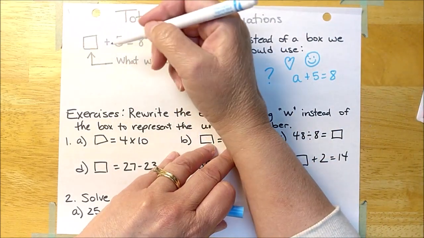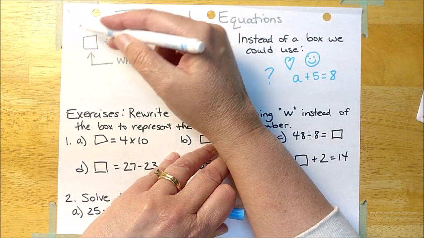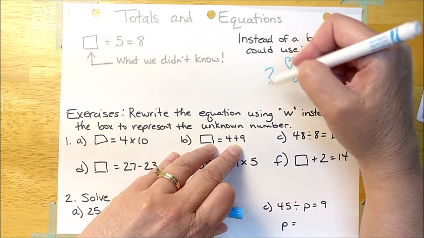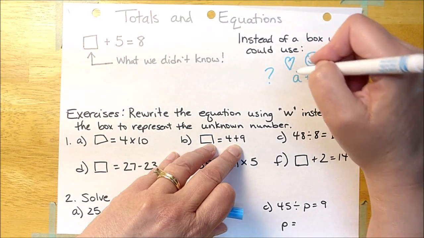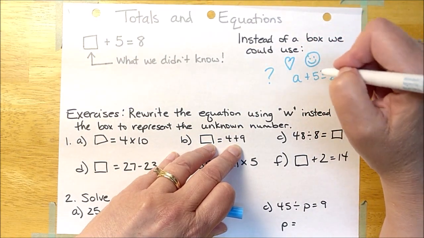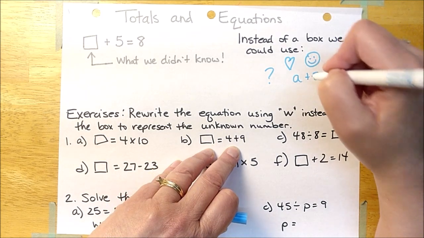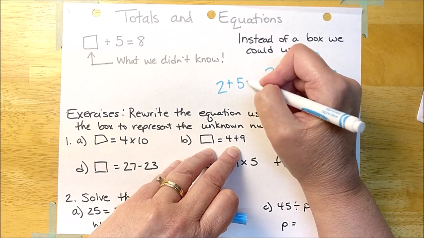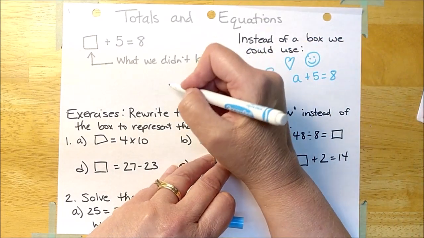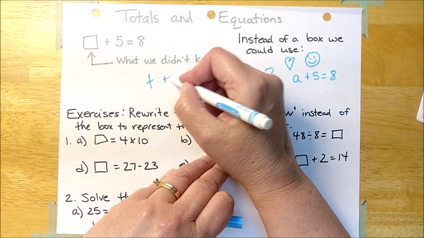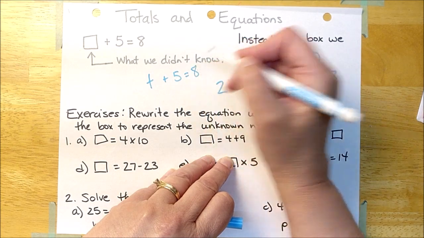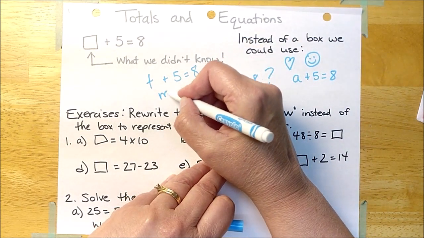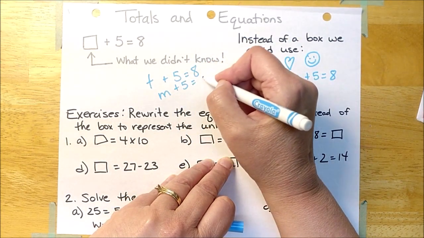So we don't always have to put a blank there. We don't have to put a box. We can put anything in that spot to say that is the number that we don't know. So they could say Z plus 5 equals 8, or T plus 5 equals 8, or M plus 5 equals 8.